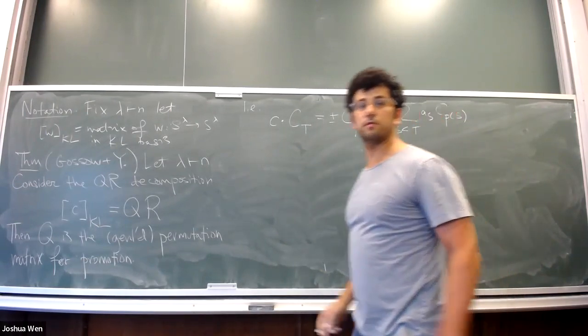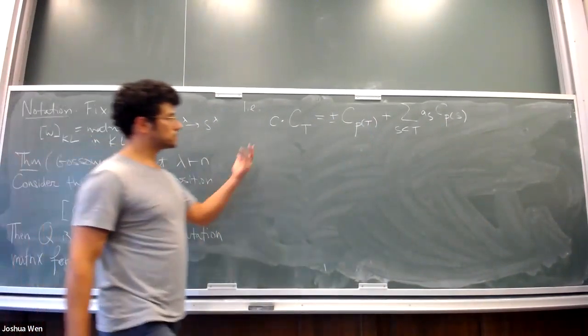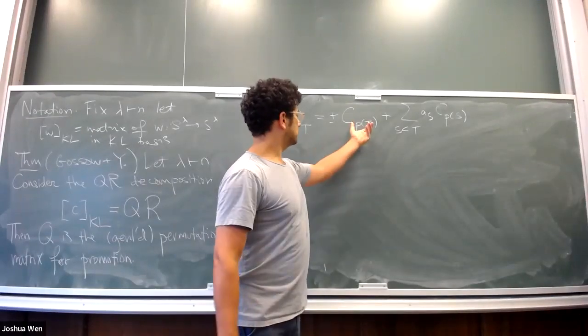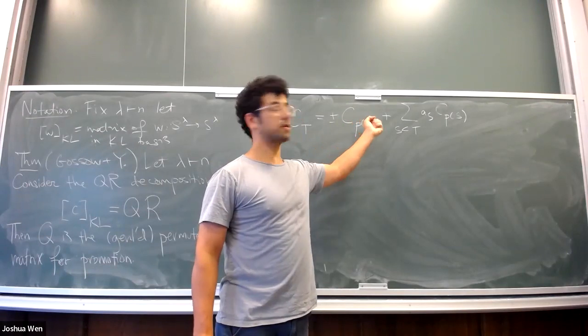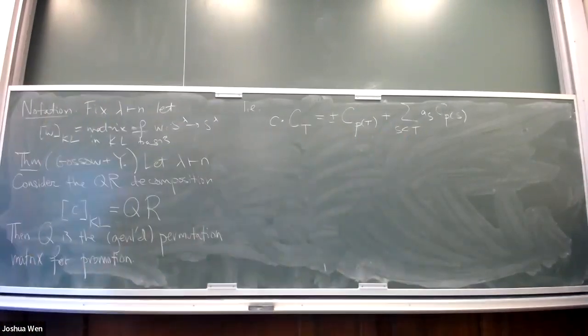This is another way to say it if you don't want to mess around with orthogonalizations. I can have some ordering on the tableaux, a Bruhat order. Up to the leading term, it is exactly capturing this promotion operator, and then I have some junk in lower order terms. Okay, so that's our first result.